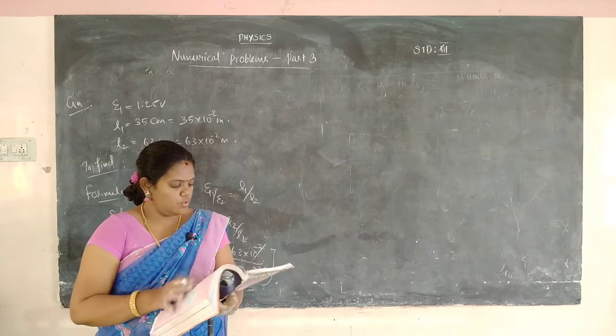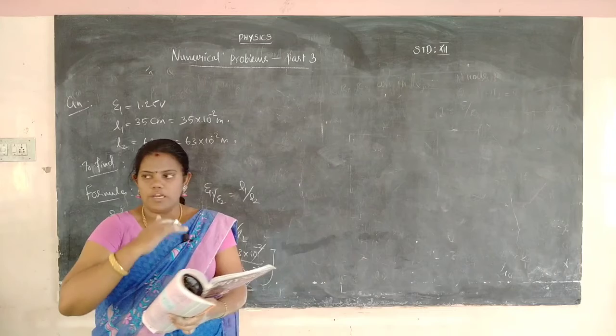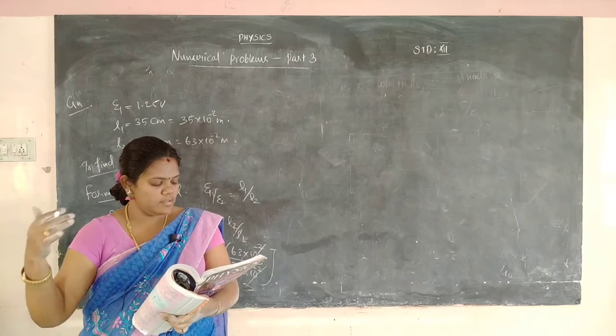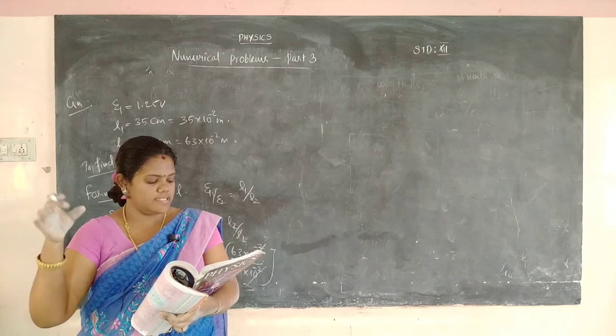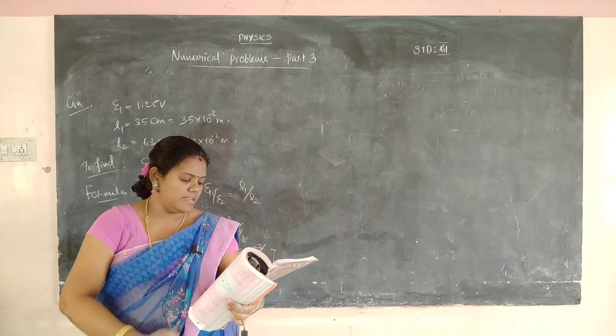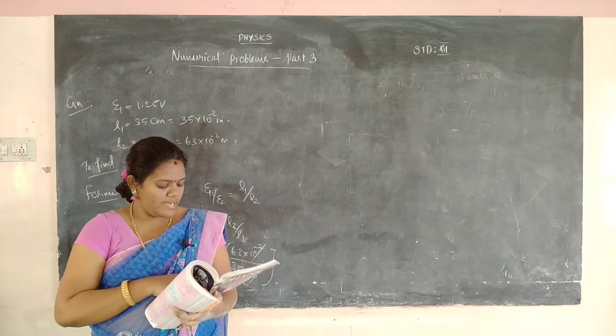Both have a square cross section of 3 millimeter side. One rod will be given 25 centimeter and the other 70 centimeter in length, with 3 millimeter side cross section. Then the resistivity of the first material is 4 into 10 power minus 3, and it is 25 centimeter long, while the second material has some resistivity.